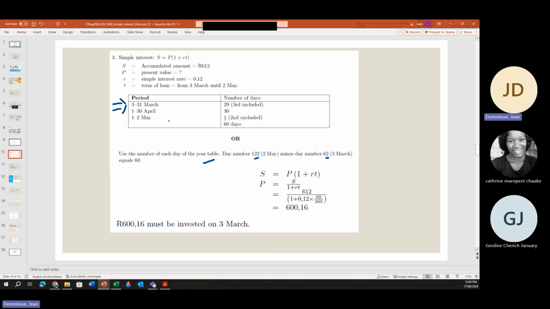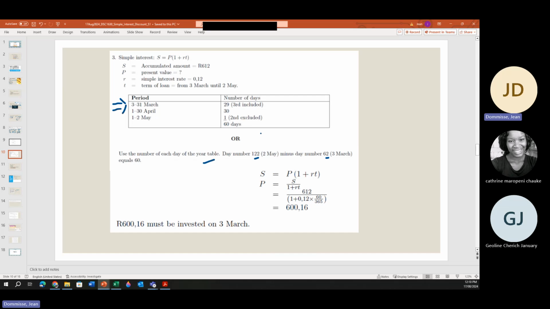Okay, so they will not ask you to work out the interest or the payment for the 1st month and the 2nd month, and for those extra 1 or 2 days. They will not ask that.